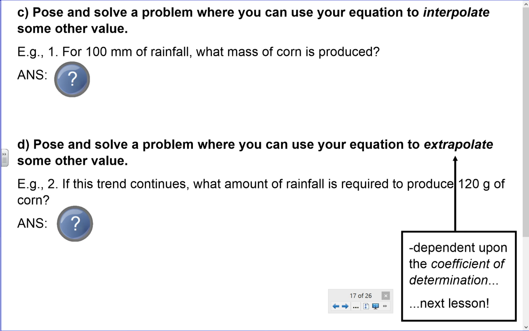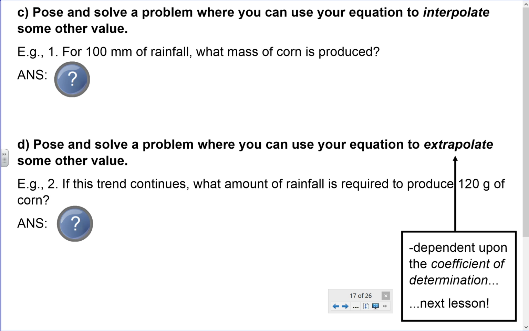In the next lesson, you'll catch a glimpse of something called the coefficient of determination. And that coefficient is going to be helpful in determining whether or not we should move forward with the extrapolation. And the extrapolation means looking beyond the graph, or beyond the data that we have.